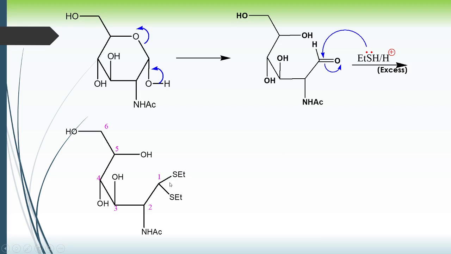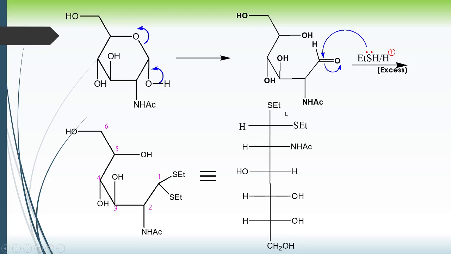Therefore here we write the 2 times SET, and it can be written like this. Here it is the first carbon atom, there is one hydrogen. Okay, so this is the one hydrogen, this first carbon atom, which contains 2 molecules of this SEt. Okay, and the remaining structure is as it is.